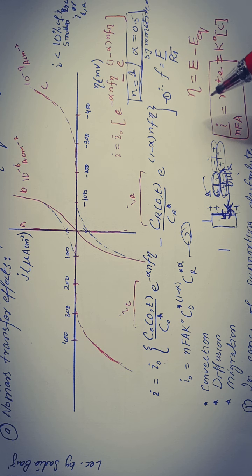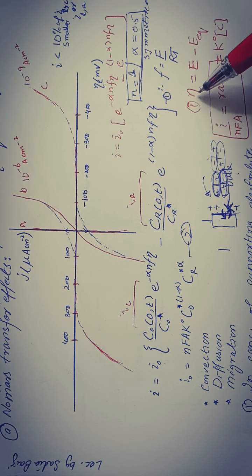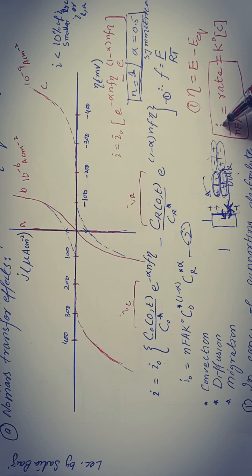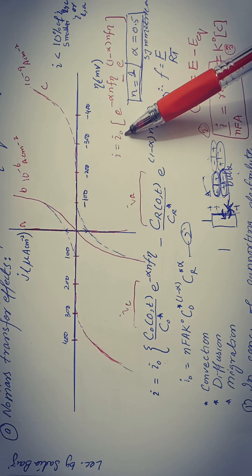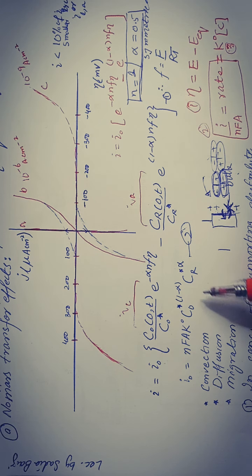So here for a particular applied potential, when the mass transfer effects are suppressed, the applied potential is involved in the generation of current that is then related to the rate of heterogeneous charge transfer, and which is also related to the heterogeneous or the standard rate constant, and this rate constant is directly related to the exchange current through the expression as equation number 2.